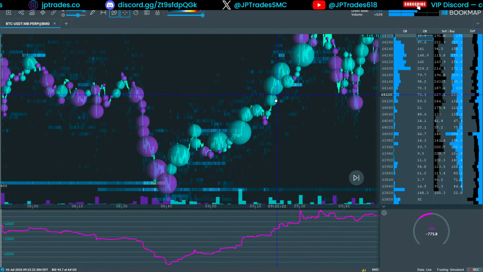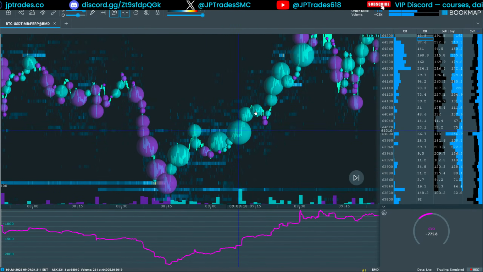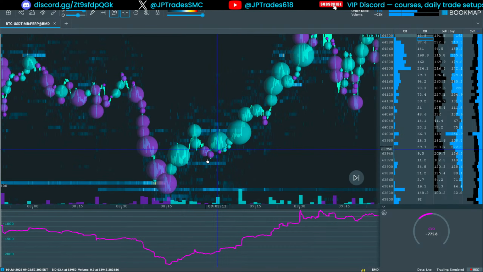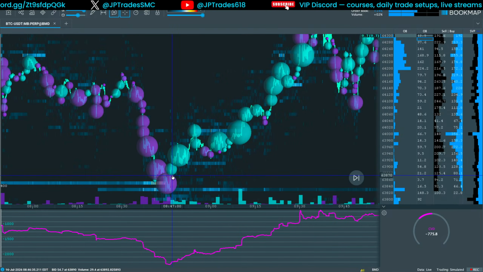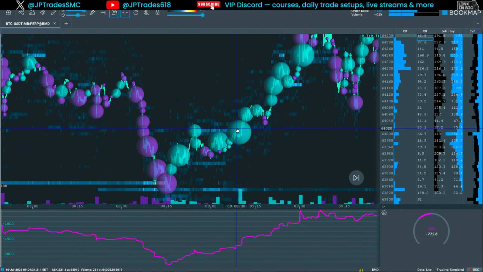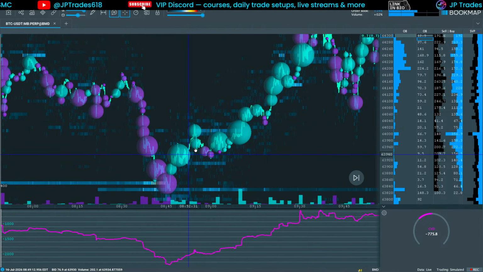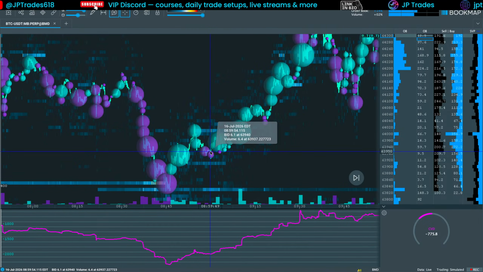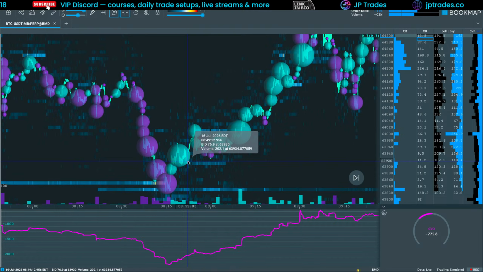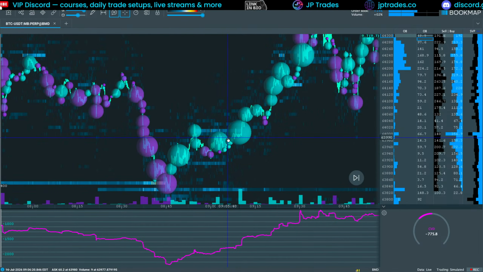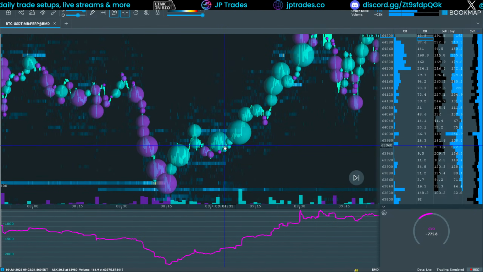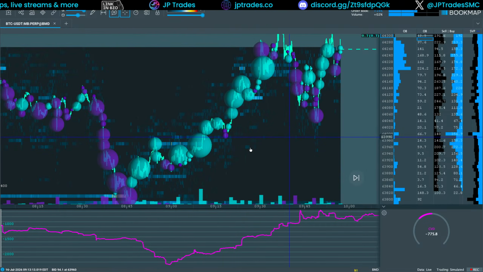So what does this tell us? Who do you think is stronger? If you didn't pull the trigger on this long, at what point through here does it feel safe enough for you to pull the trigger? Because look at the size of delta in comparison to the buyers and sellers, right?